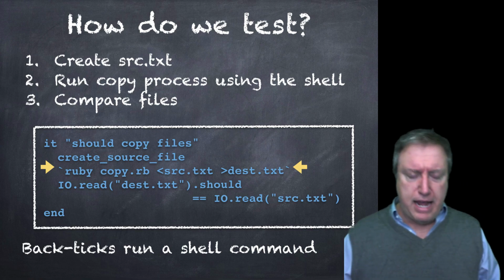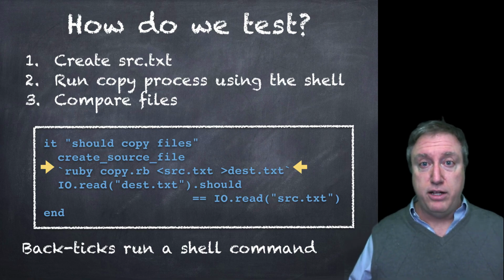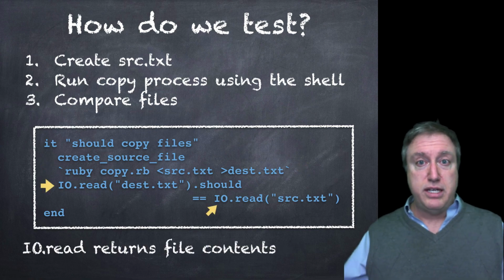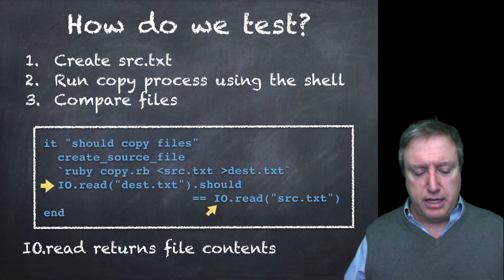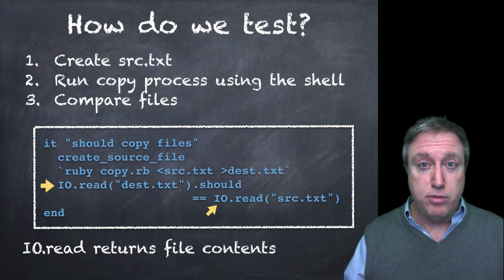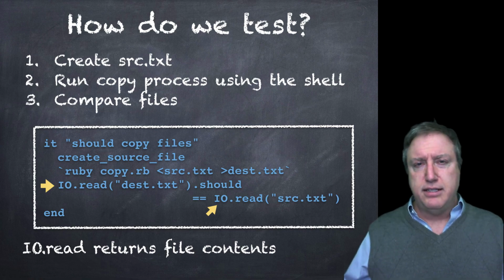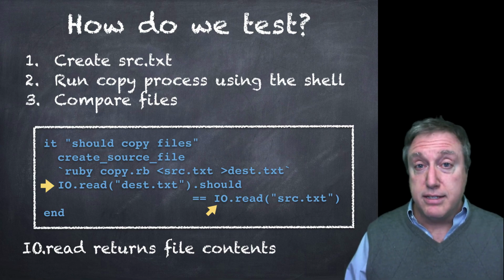Well, anyway, after we're done writing that, presumably we've got a destination file. So all we have to do then is verify that the source is equal to the destination. So again, we use the IO class library, and we use the read method. The read method just takes the file you give it, or the stream you give it, and returns the contents.